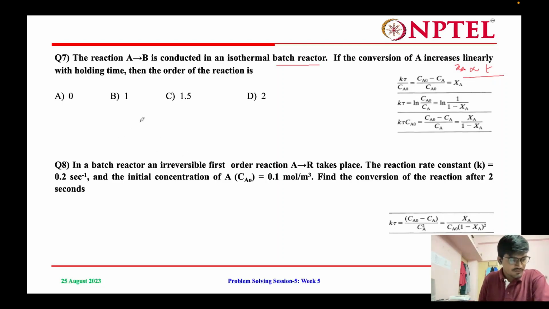So we check zero order reaction and performance. This is the performance equation for the batch reactor. So, for zero order, first order, and second order. So XA equal to K T, batch reactor, so T holding time divided by C naught, right?